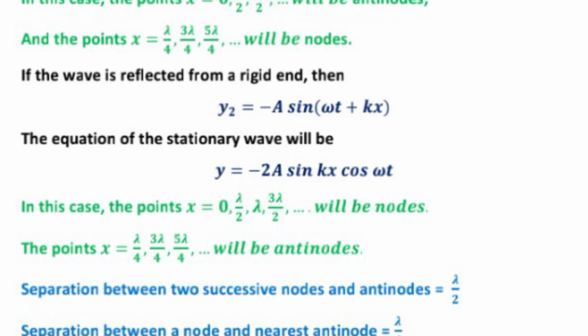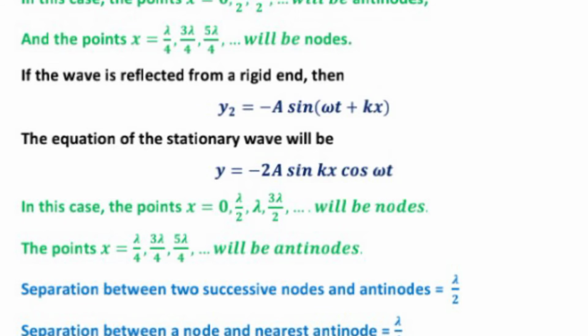And the points at x equals lambda upon 4, 3 lambda upon 4, 5 lambda upon 4 will be antinodes. Separation between two successive nodes or antinodes will be equal to lambda upon 2.